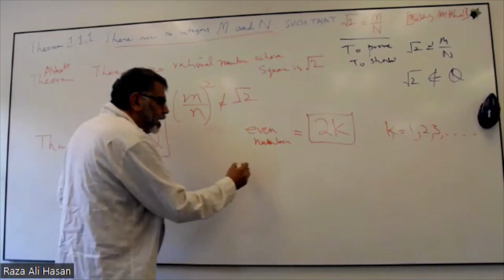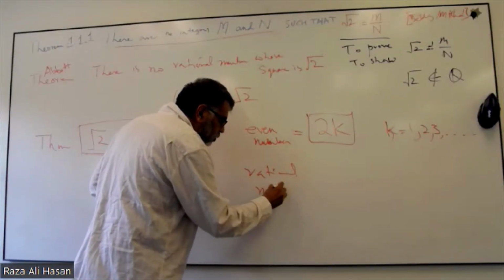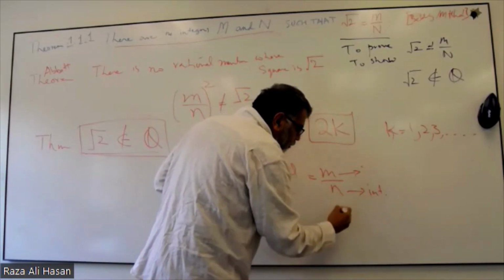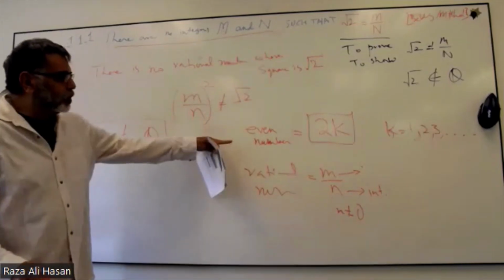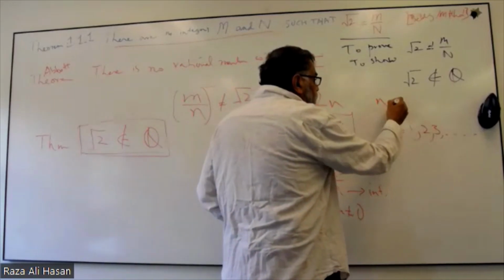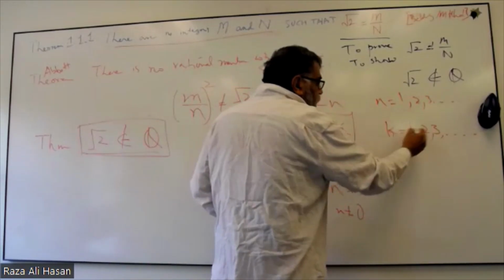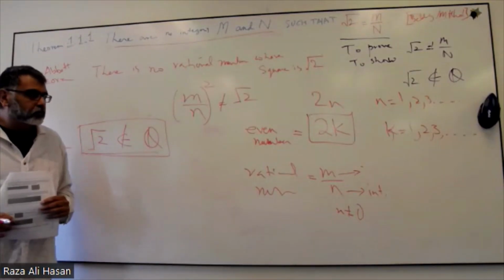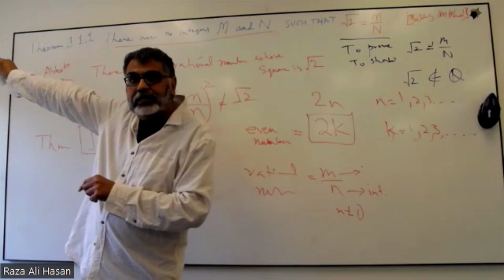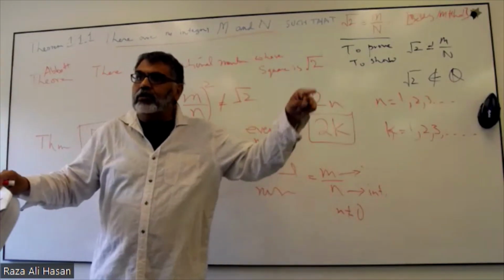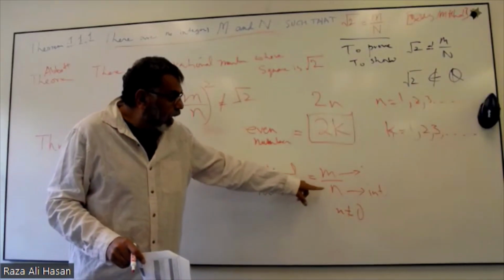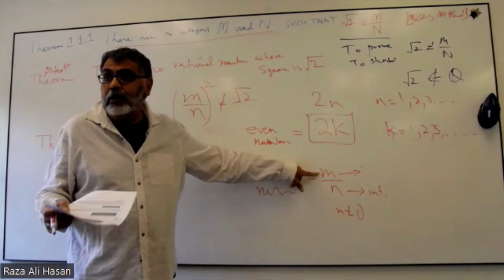How do we represent a rational number? m over n, where both these are integers, right? And where n is not equal to 0. How do we represent even numbers? 2k, or we could also say 2n, where n equals 1, 2, 3. So what's k? Any integer? What are integers? Negative 3 all the way to negative infinity, -2, -1, 0, 1, 2, 3, all the way to the right side. So here we can replace m by a negative number, by a 0.